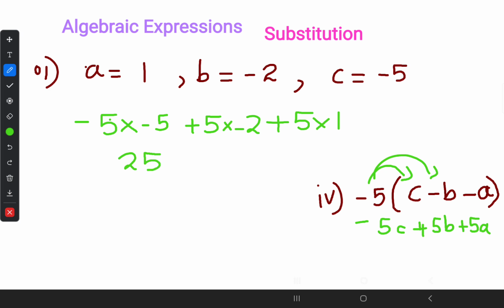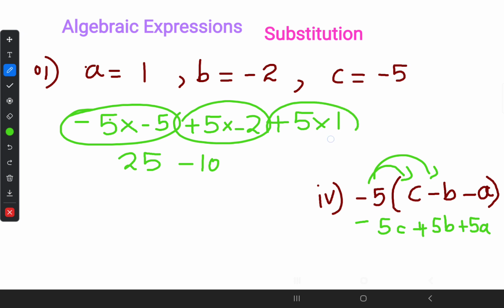Then 5 times negative 2 is negative 10. Do them separately, there are some individual calculations. Positive 25, negative 10, plus 5. 25 minus 10 is 15. 15 plus 5 would be 20. Final answer would be 20.